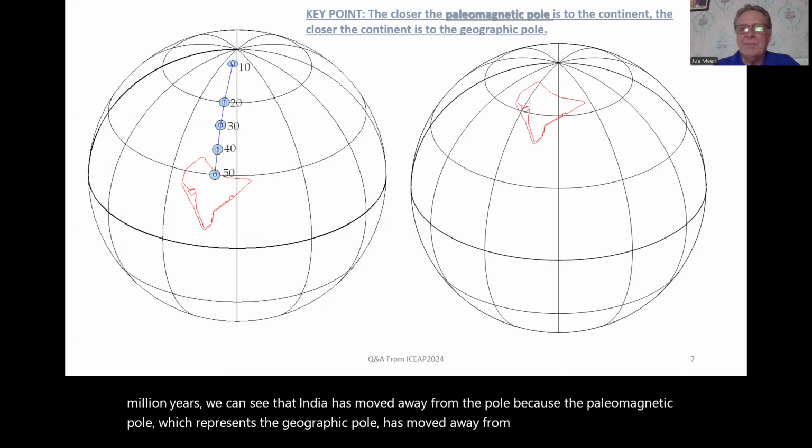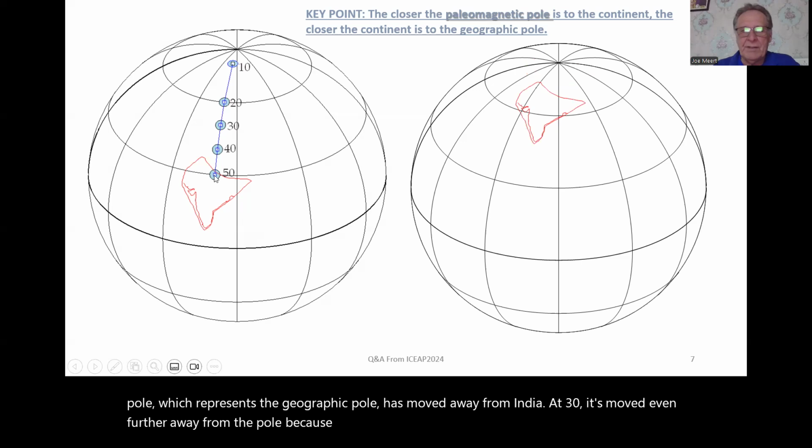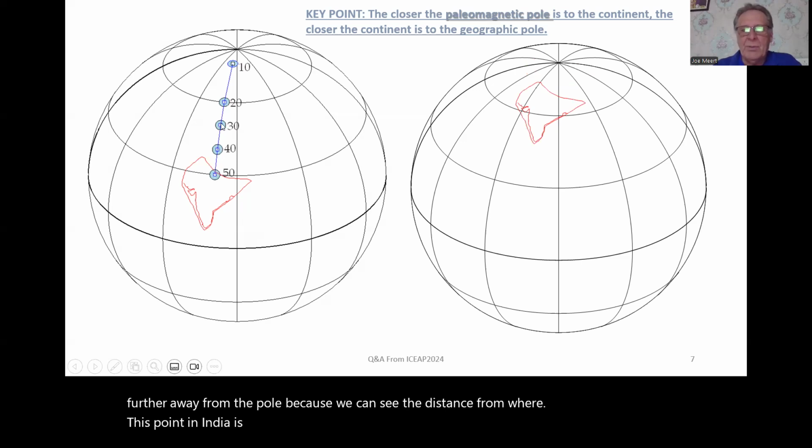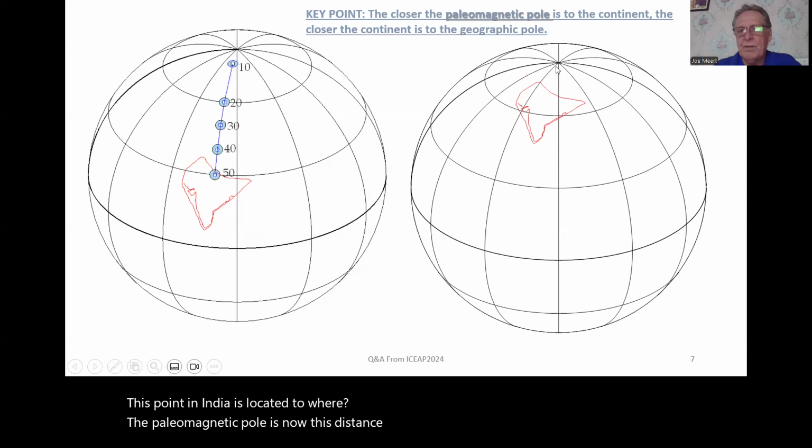At 30, it's moved even further away from the pole because we can see the distance from where this point in India is located to where the paleomagnetic pole is now, this distance from geographic north.